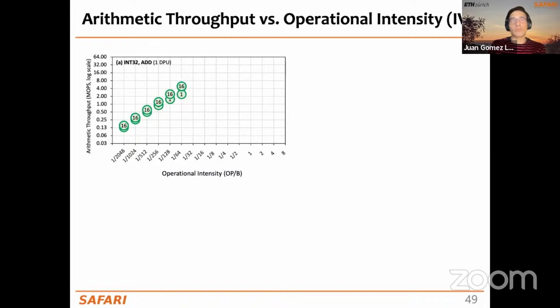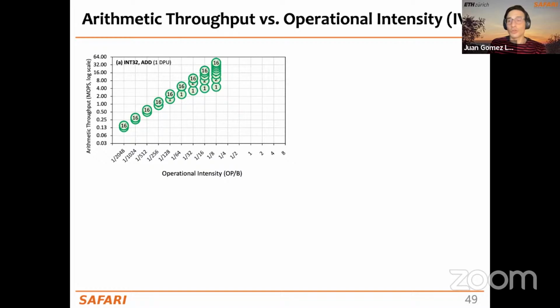And as you see, this trend more or less remains until higher values of the operational intensity. So even for 1/64, the throughput still saturates with only 2 tasklets. After that, for 1/32, it saturates at 3 tasklets. So we need more tasklets to saturate the throughput, which means that we are getting closer to the compute bound area of the roofline.